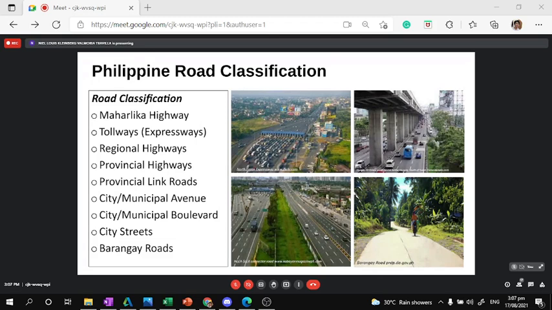Okay, so ang provincial link roads are the roads na dili necessary highway pero mag-link og province. For example, karon ang main highway ginato is kanang CM Recto from Bugo, for example, ang ending sa Cagayan is boundary between Bulwa and Bugo. So beyond Bugo is actually provincial road ng highway.